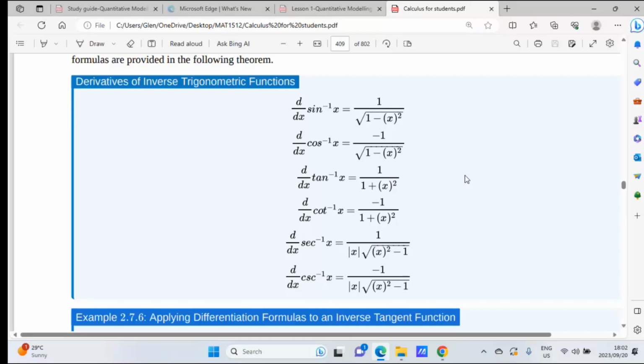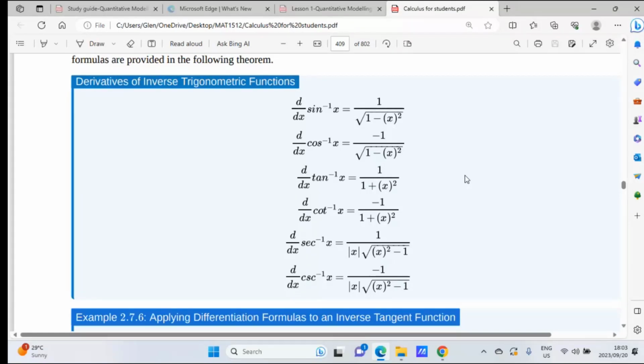Now, the derivatives of inverse trigonometric functions. The derivative of the inverse of sine of x is equal to 1 over the square root of 1 minus x all squared.